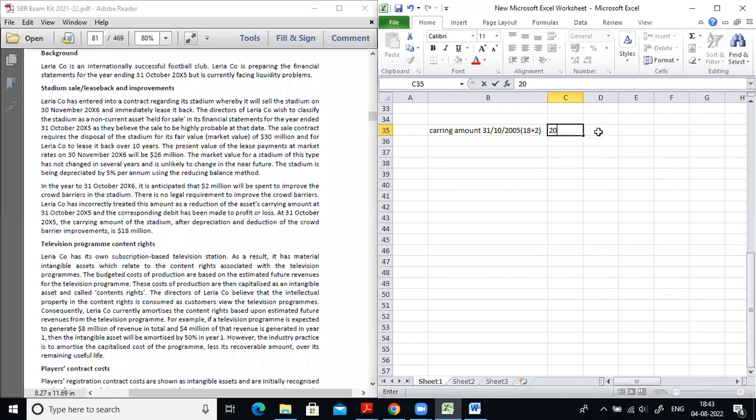On what basis are they computing depreciation? They mentioned that the stadium is being depreciated by 5% using the reducing balance method, right? Now the depreciation, we should compute it.